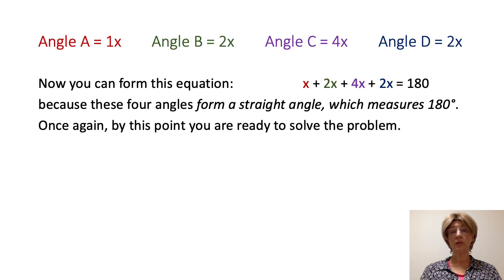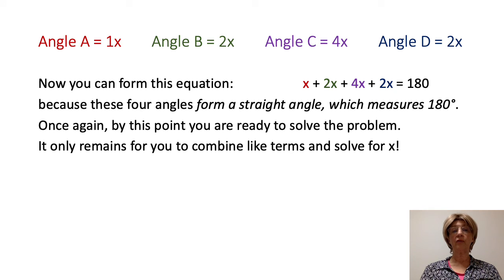Once again, by this point, you are ready to solve the problem. It only remains for you to combine like terms and solve for x. 9x equals 180, x equals 20.